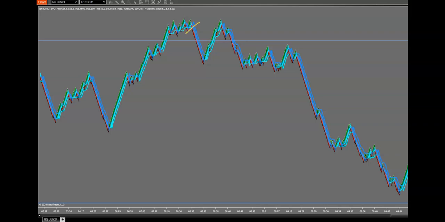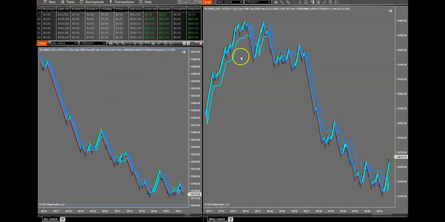So I take a short. When it hooks, I bail. Came up, did a levels test, gives me another short. I get in. Now I have a big M pattern. And on my higher time frame, the time frames are the same but my settings are different, the more structural look of things, on this one I got a short signal.